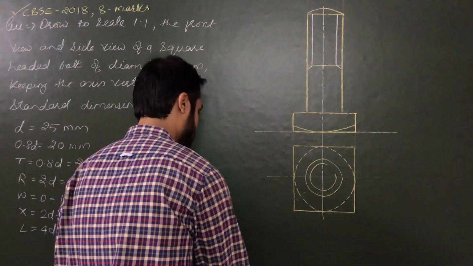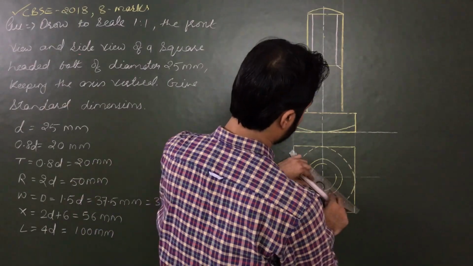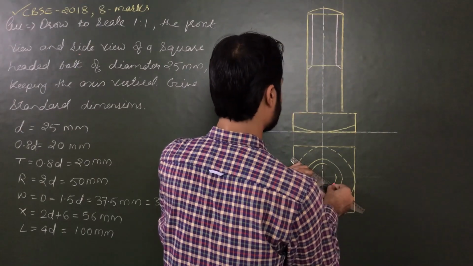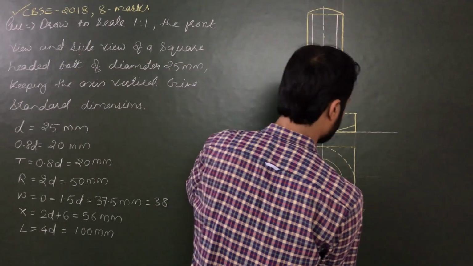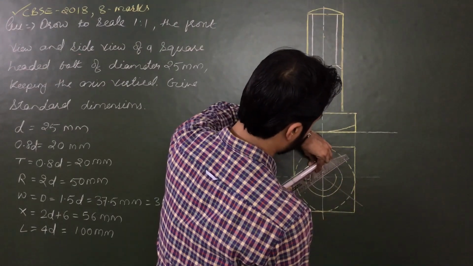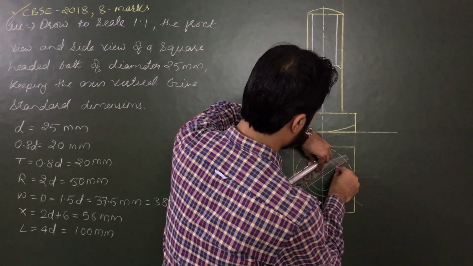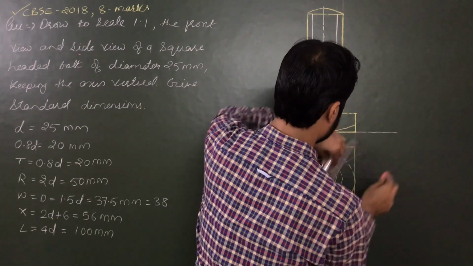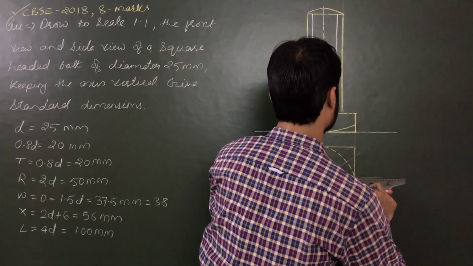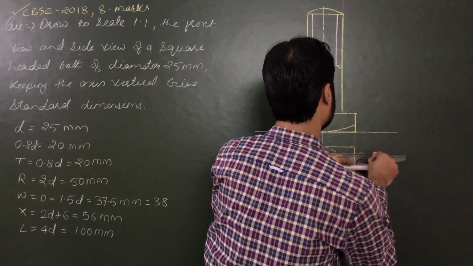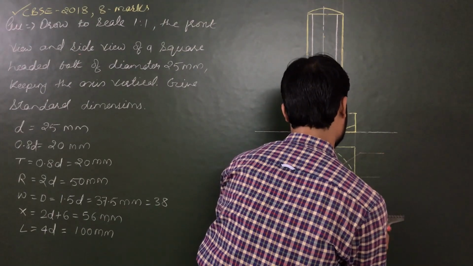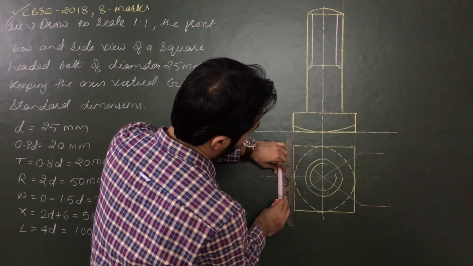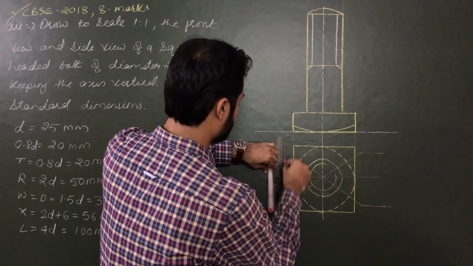Next, for dimensioning, please show diameter 0.8 d, dia d, and diameter of the chamfering circle. Dia 0.8 d, dia d, and diameter of the chamfering circle. Right, and for the diameter of the chamfering circle, this is the limit.